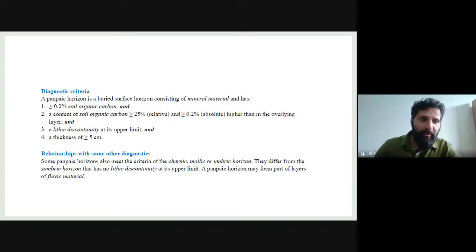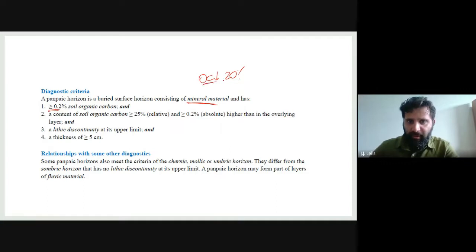The Pompeiic horizon also presents some criteria that should be followed. It's a mineral material, so the organic carbon is lower than 20%, and it should present at least 0.2% of soil organic carbon. So the organic carbon content is lower than 20, but should be equal or higher than 0.2.